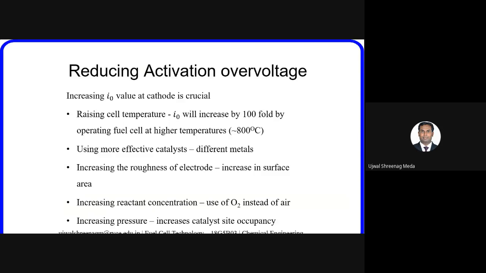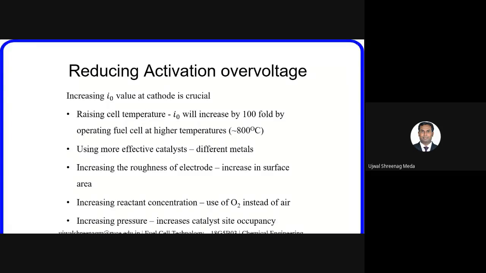In such a fuel stream where hydrogen is only a percentage, the concentration of hydrogen will be comparatively low. So instead, if you use a fuel stream which is pure hydrogen, it will help in reducing activation losses.